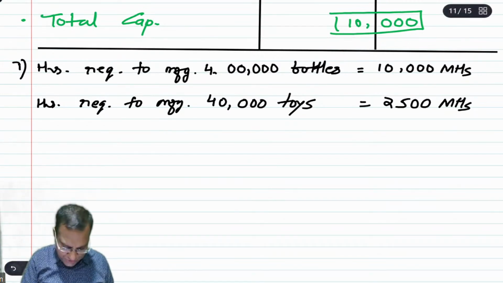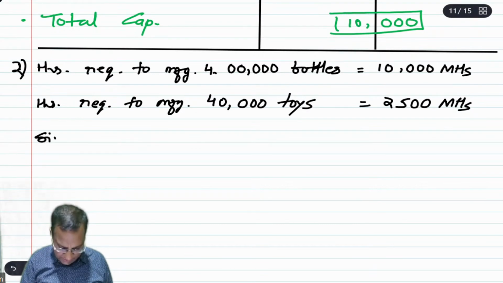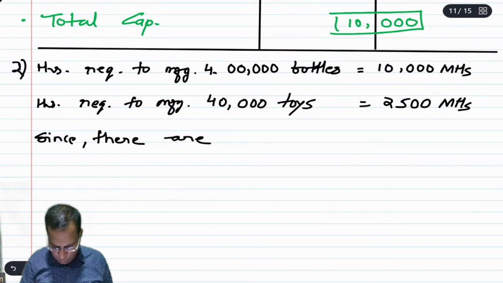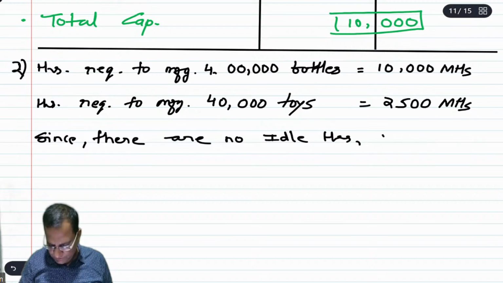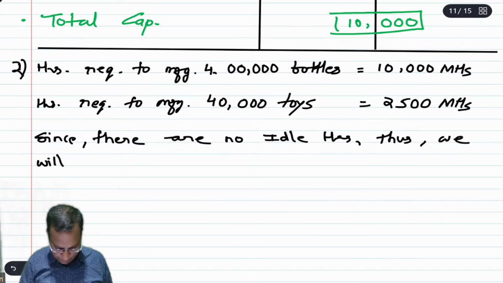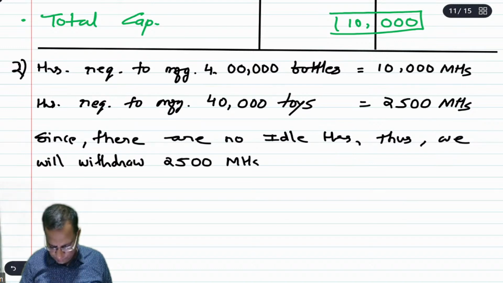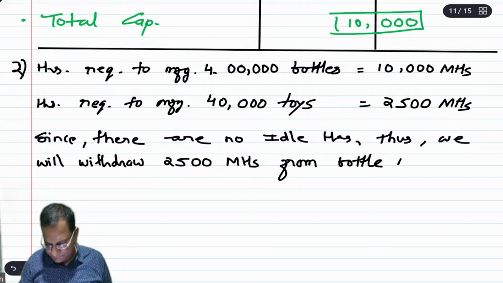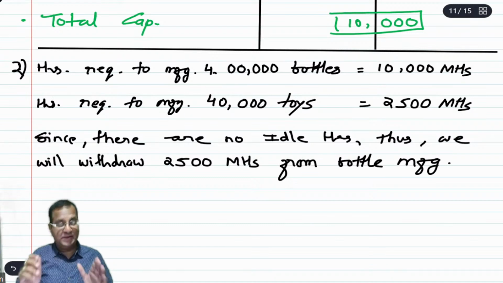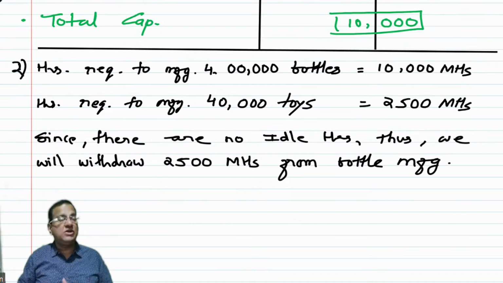So the only option available, since there are no idle hours, is that we will withdraw 2,500 machine hours from bottle manufacturing, but that will create the opportunity cost.